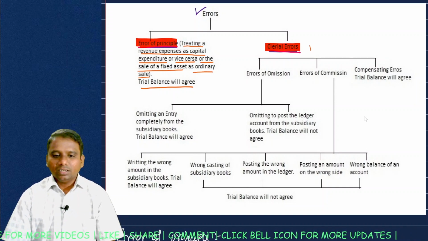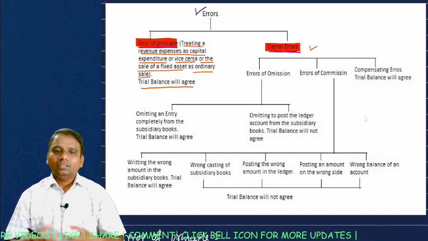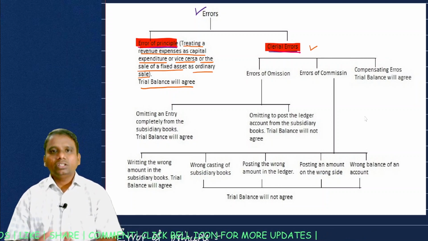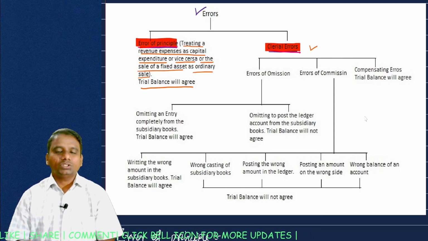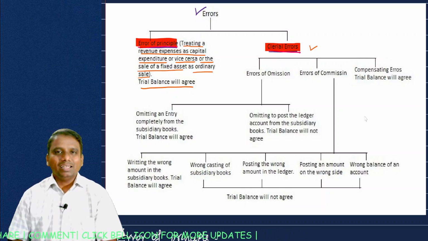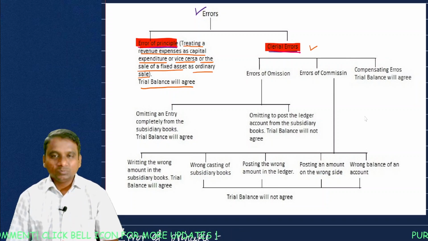Next, clerical errors. Clerical errors means the remaining errors committed by the bookkeeper during the process of recording, posting, casting, balancing, and carry forward to the trial balance. All those things come under clerical errors.